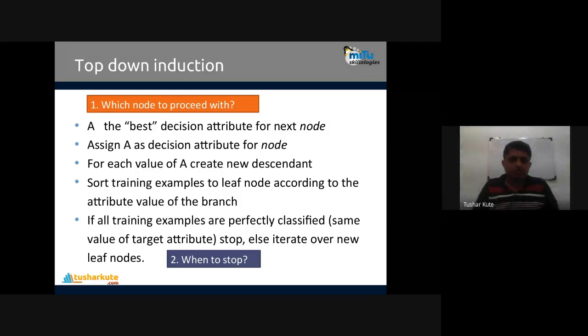So that feature can be used any number of times, again and again. And you stop when you reach the final perfectly classified tree. Fine, that is your stopping criteria.